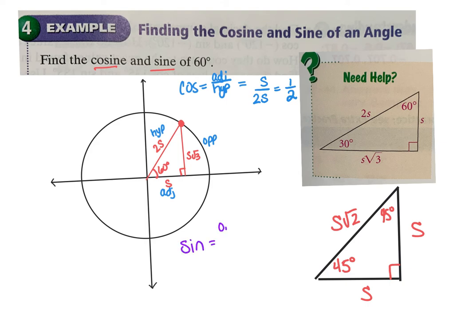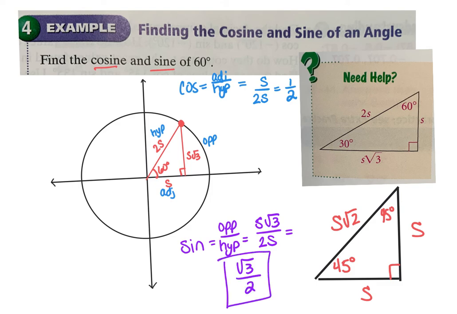Sine is opposite over hypotenuse, correct? What is my opposite side? S square root of 3, and my hypotenuse is 2 times s. I can simplify that. How does that simplify? S square root of 3 over 2s, so square root of 3 over 2. That is my cosine and my sine of a 60-degree angle.